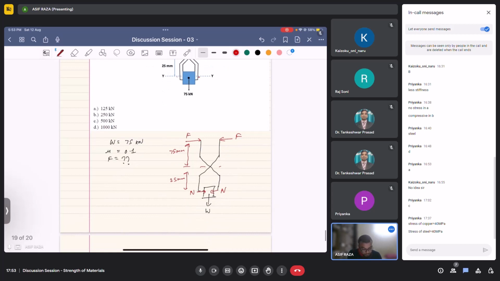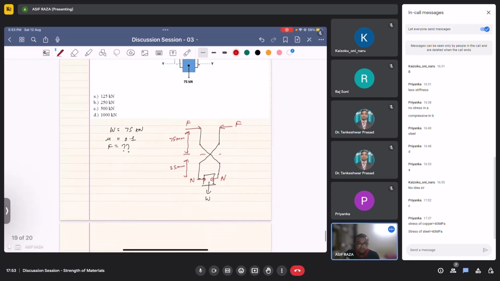Now, what should be the normal force N first?